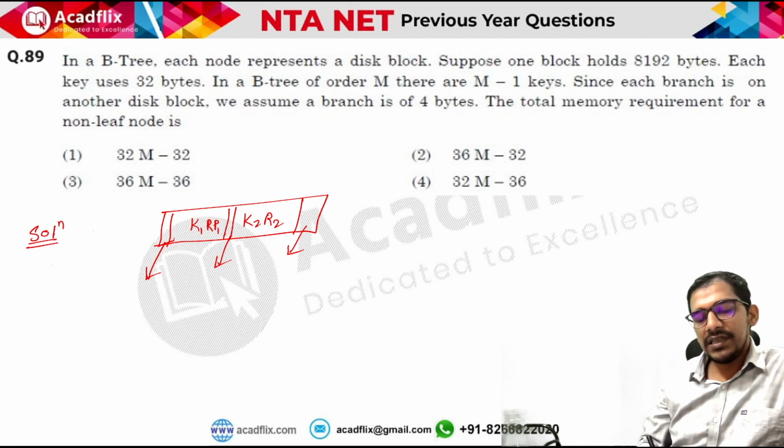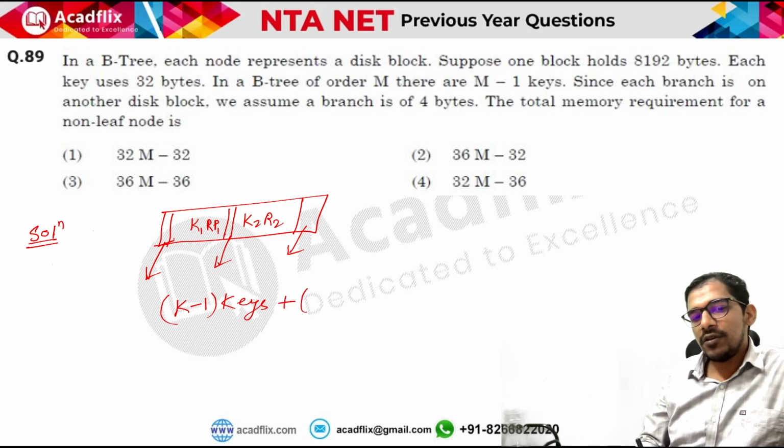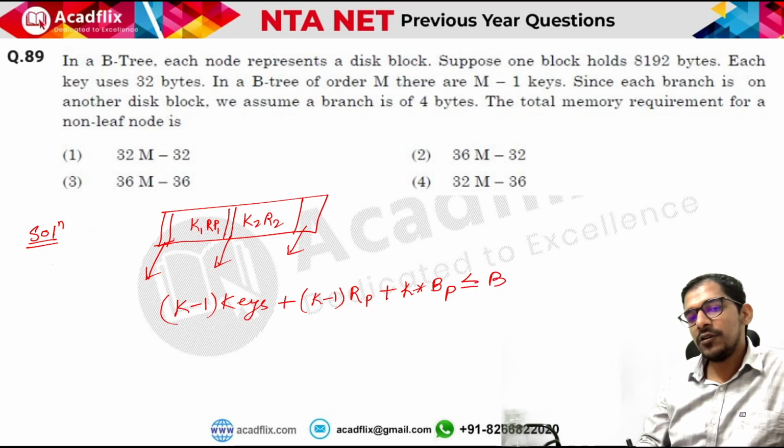So a node of a B tree stores k minus 1 keys, k minus 1 record pointers, and k block pointers, if k is the order of the tree. Let's say k is the order, and the node size should be less than or equal to the block size, because we want to fit each node into one block.